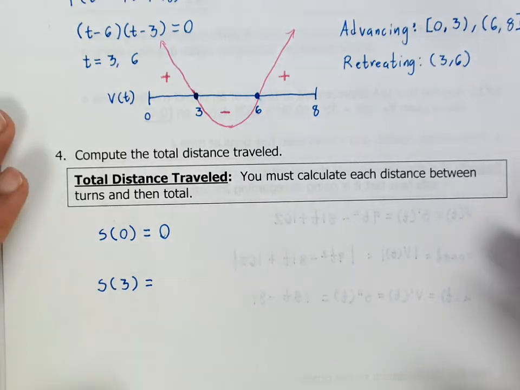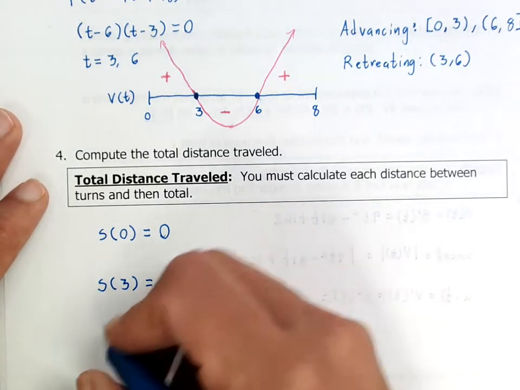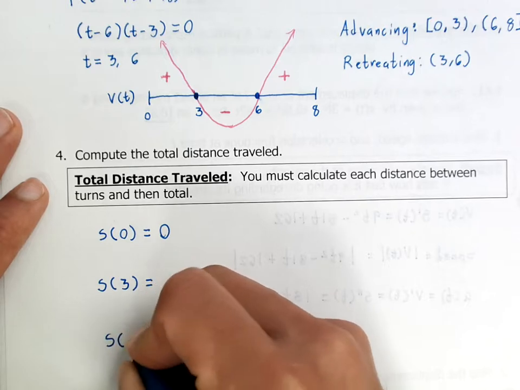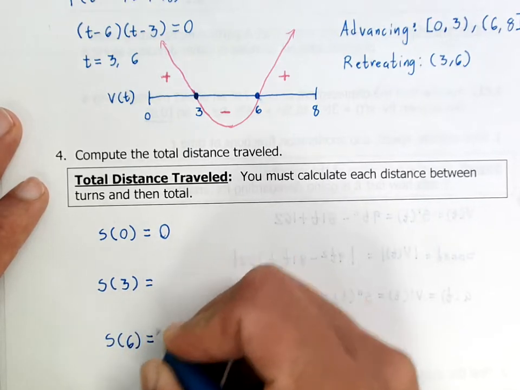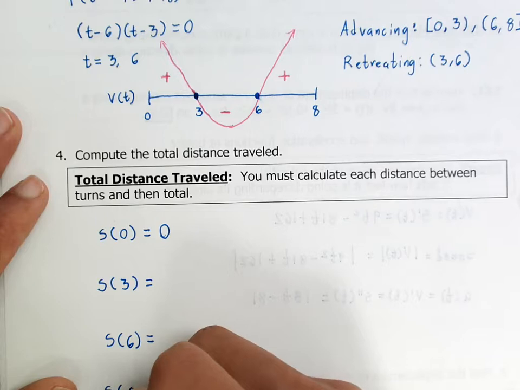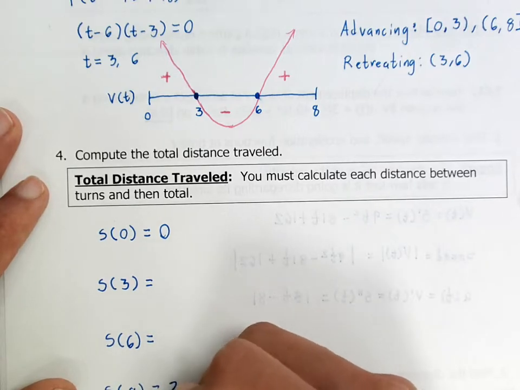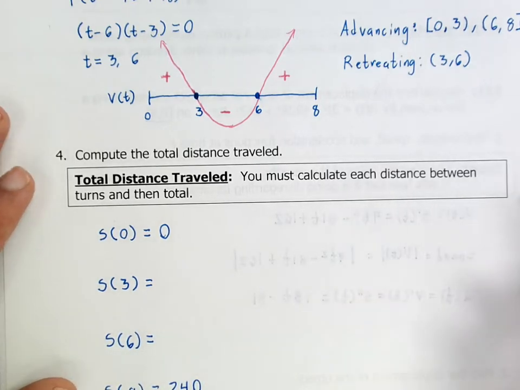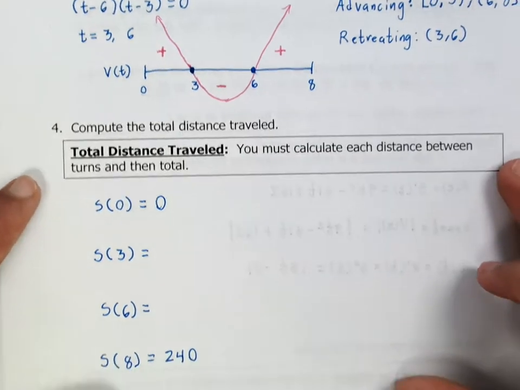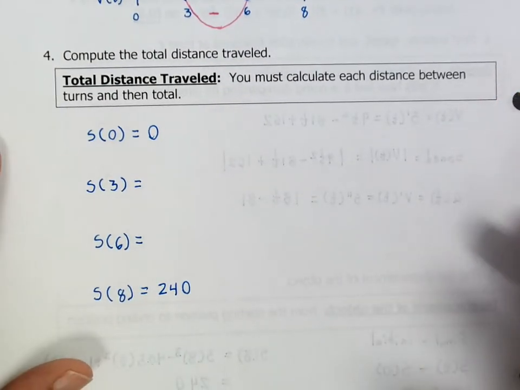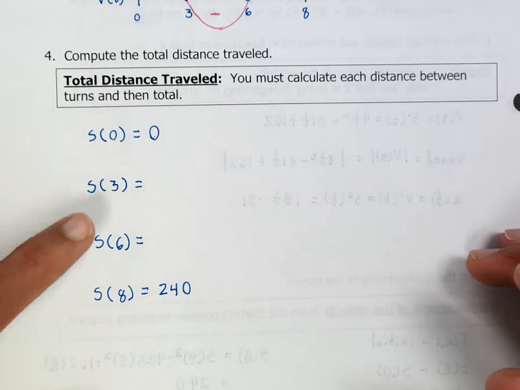So at 3, I need to figure that out. I need to figure out the position at 6, and I need to figure out the position at 8, which I already had. Remember from example number 2, I think, S of 8 was 240. So go back to your position function and figure those two things out.